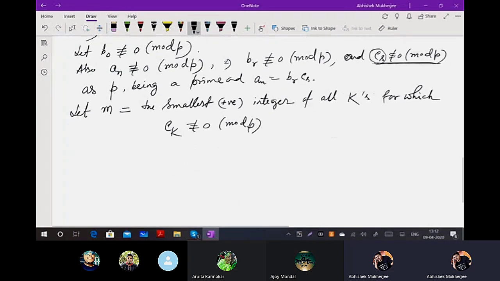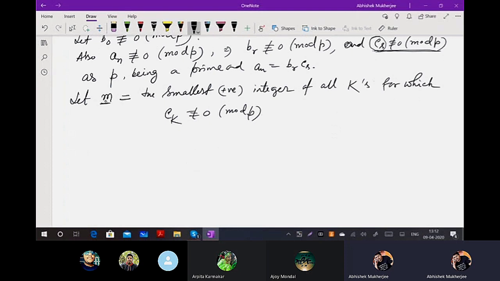But we need to find out the smallest integer m of all those k's for which c_k is not congruent to 0 mod p.